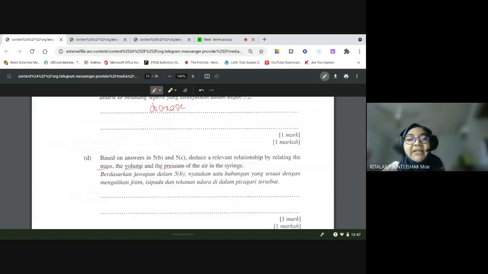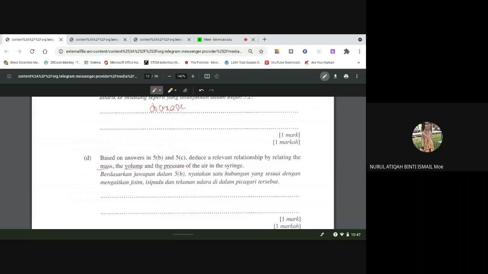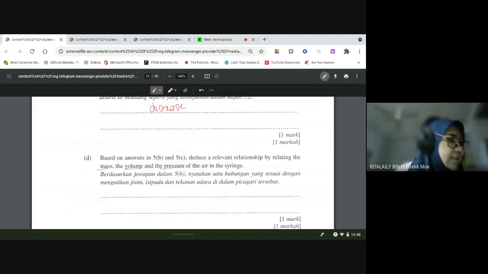So sekarang kita relate semua. So how do we write the answer? Yes. When the mass is constant, the pressure is decreased, the volume increases. So maksudnya kena sebut tiga-tiga.